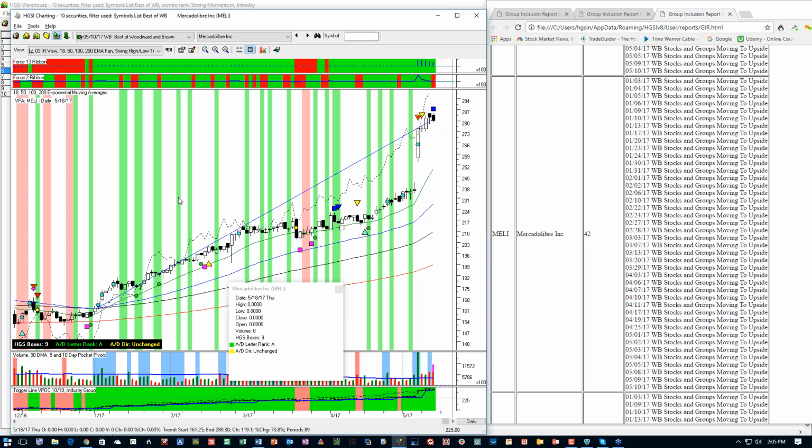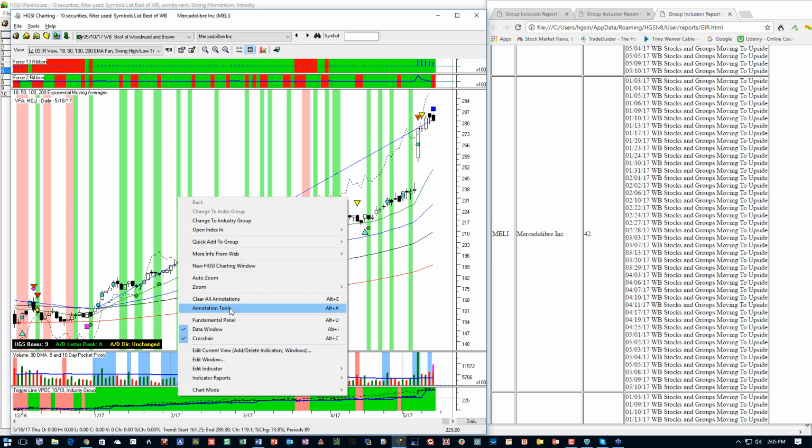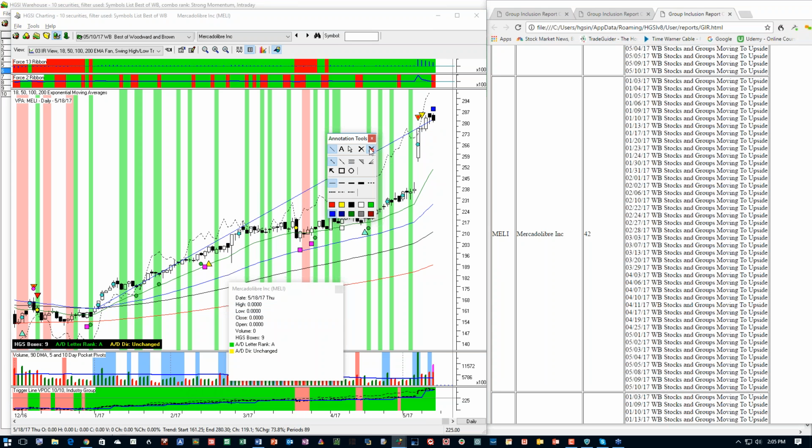Let's get rid of this. I'm going to bring this up. I'm going to clear all the annotations, get rid of that, get rid of this. And let's take a look at another stock. So do you see how I'm looking at these same triggers? I call them triggers.